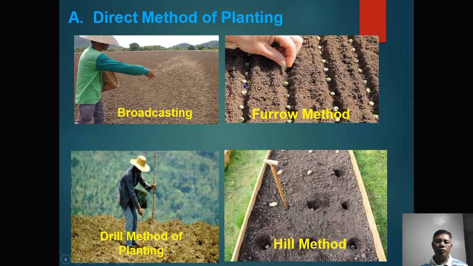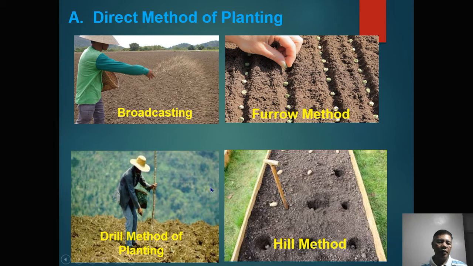This is commonly used when you are planting corn, vegetables like sitaw, bush beans, or even bitter gourd or bottle gourd. You can use this one for as long as it is large scale crop production.